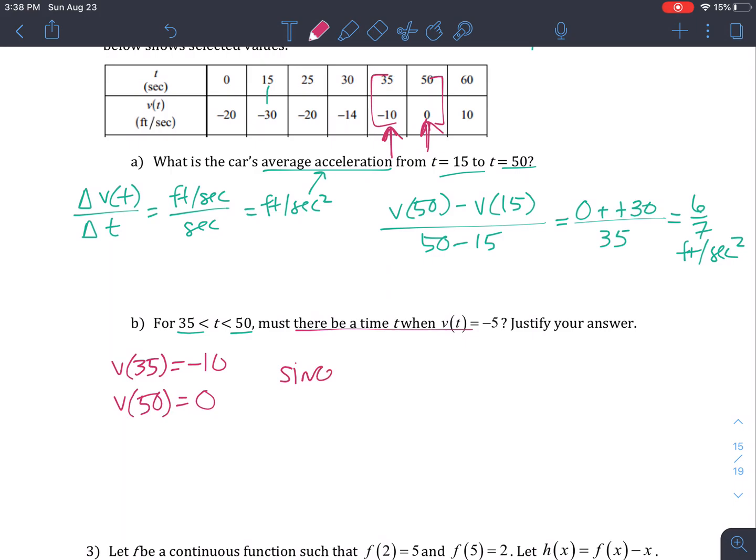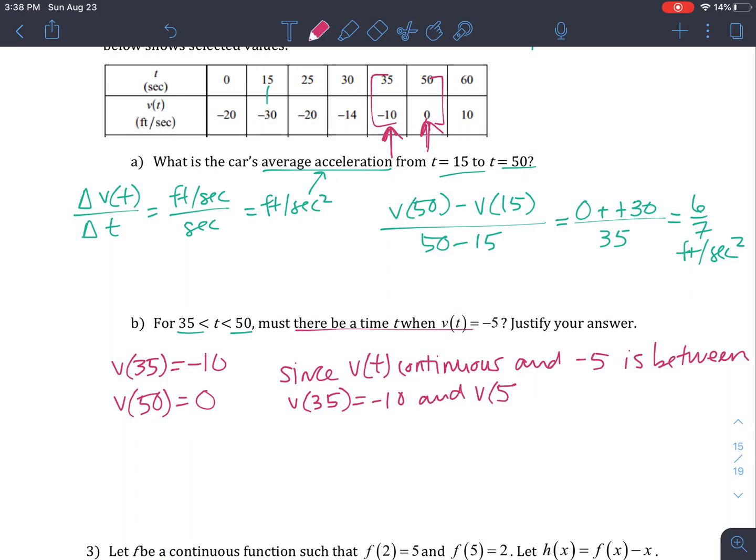So justify. Since velocity is continuous, V of t is continuous, and -5 is between V of 35, which was -10, and V of 50, which is 0, by the IVT, or intermediate value theorem, there exists some t value, or some time, right?